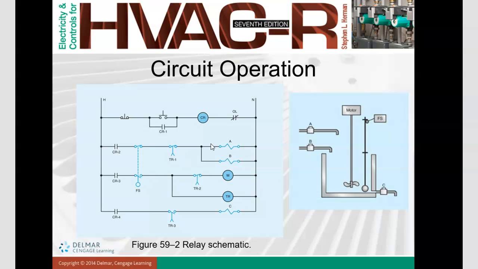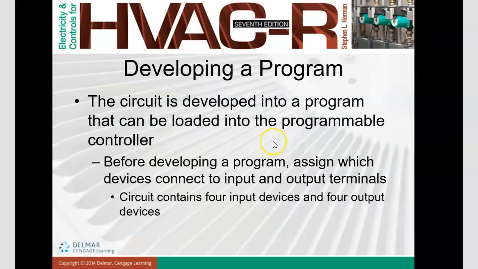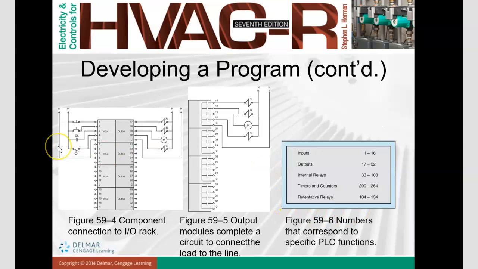So this is a microcontroller. Okay, you should know which one is input and which one is output. So here the circuit, by understanding that, then we develop a circuit that connects 4 input and 4 output devices. And have a look at what is 4 input and 4 output device.